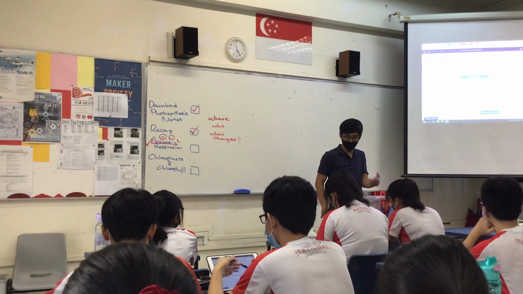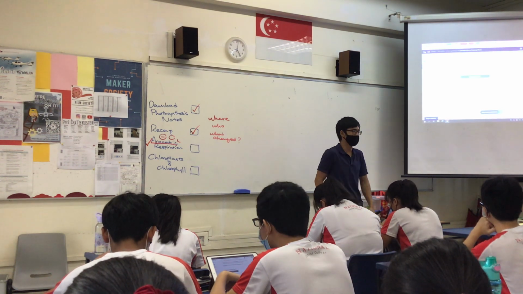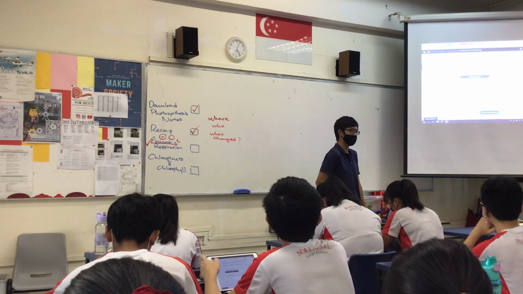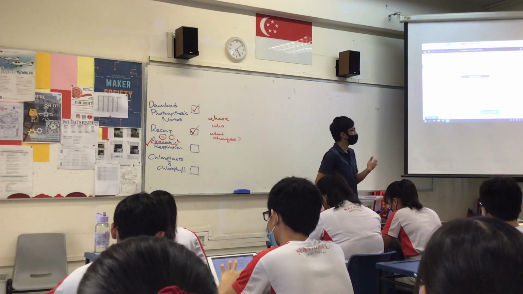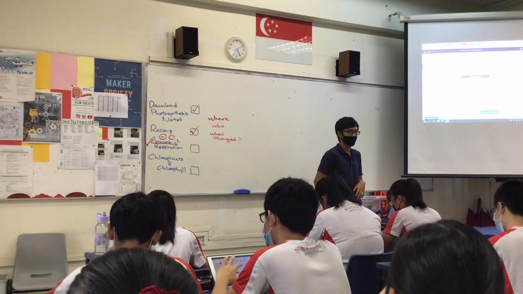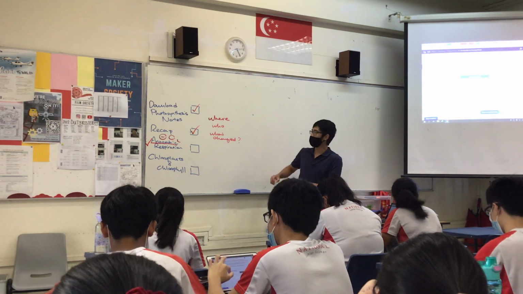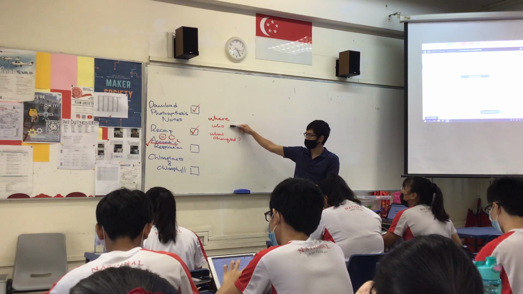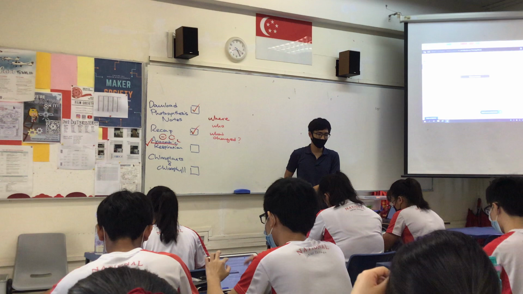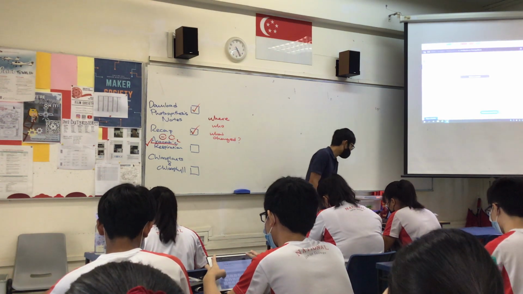Okay, we still adopt the same language of interactions: where, who, what changed. In the case of photosynthesis, what do you know at the moment? What is needed in photosynthesis? I'd like you to type down some of the things you know. Where does photosynthesis take place? Who do you think is involved? And what will change? Then we'll have a quick sharing.